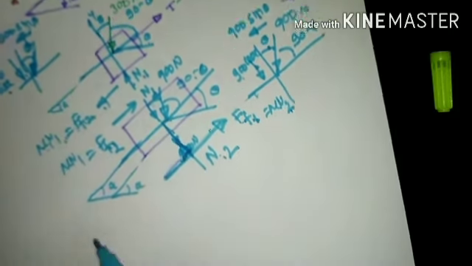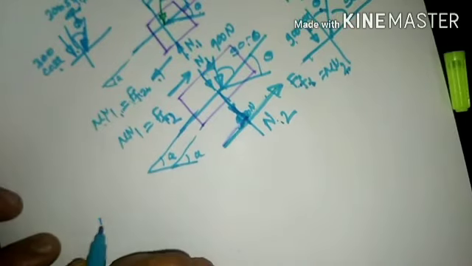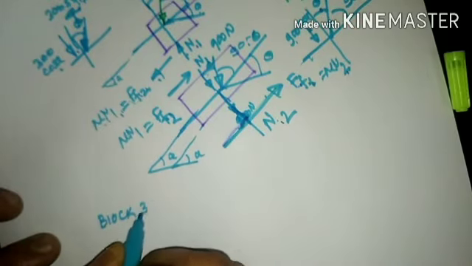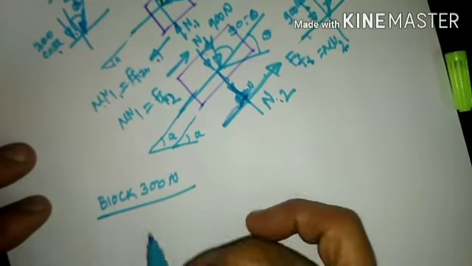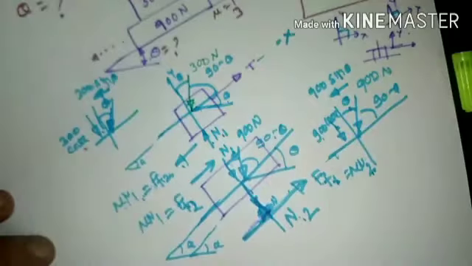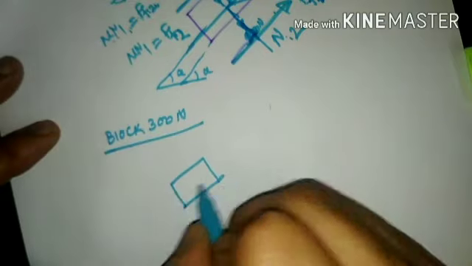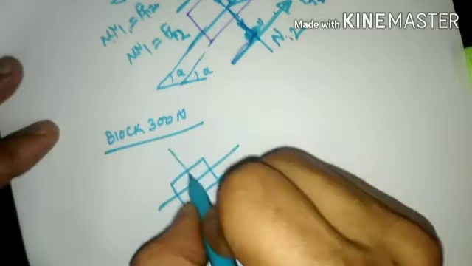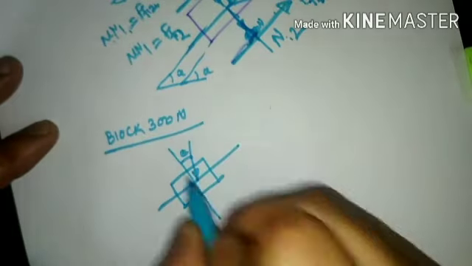So if we start to solve, take the block of 300 Newton. If I separate the forces here, I shall separate only the 300 Newton block. Draw the x-axis and y-axis, the 300 Newton force, and this is inclination theta.